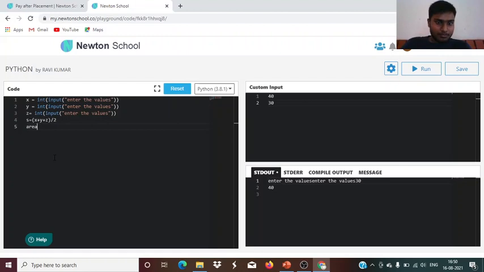Area equals S times (S minus a) times (S minus b) times (S minus c), all to the power of 0.5. Then print the area.